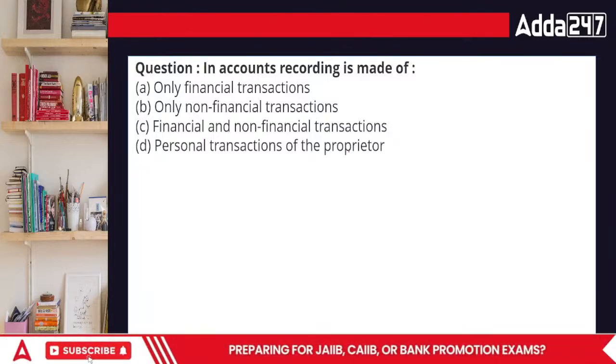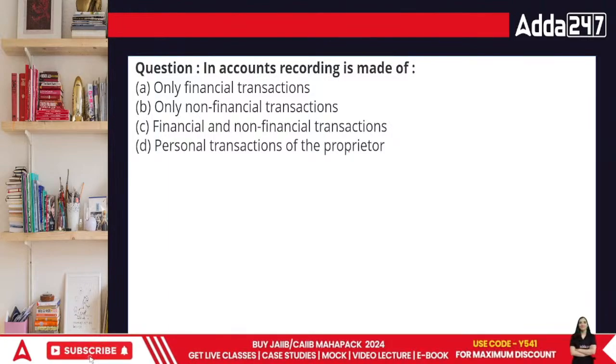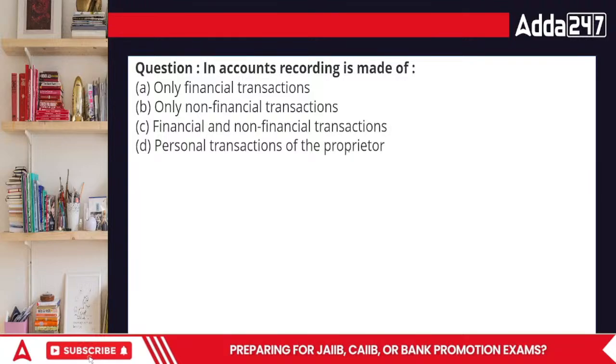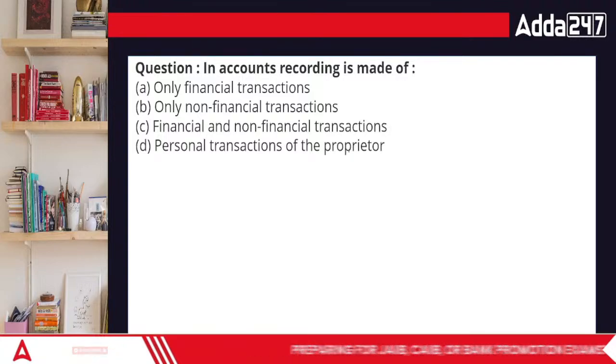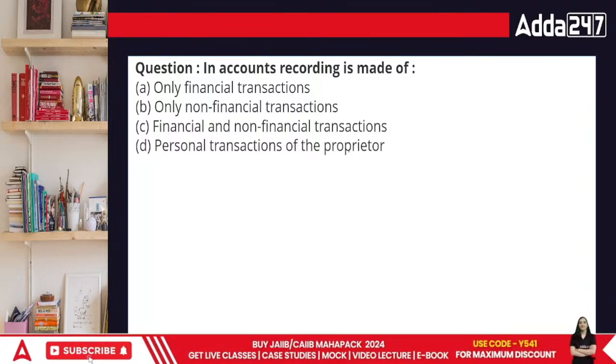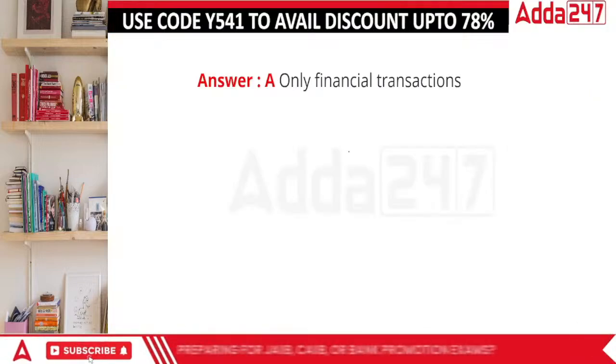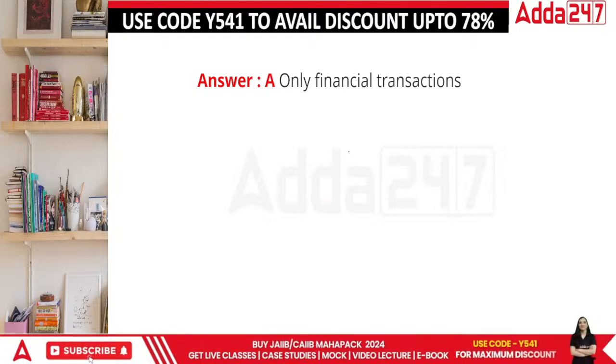What's going to be the correct answer, everyone? In accounts, recording is made of what? I would say recording is made of only one thing, financial transactions. Personal transactions have already been clearly said to be not allowed. Only the financial transactions are allowed. Rest, nothing is allowed.